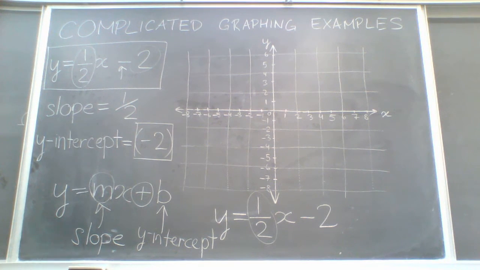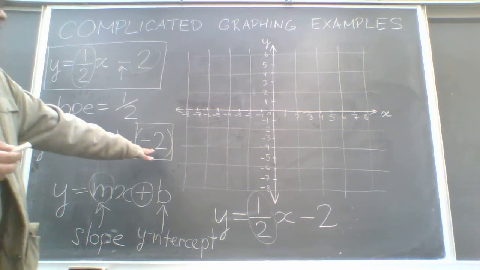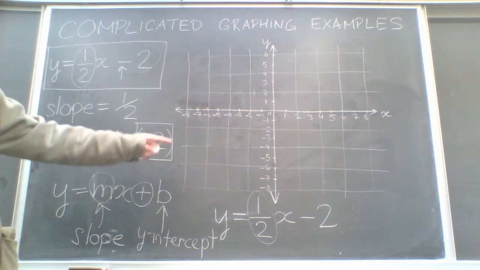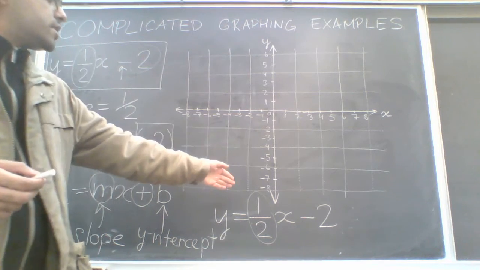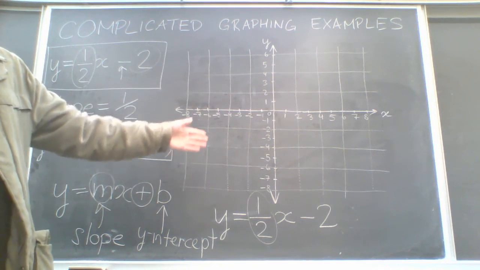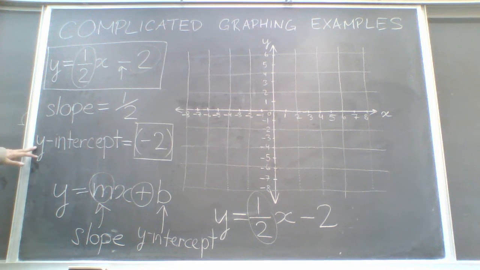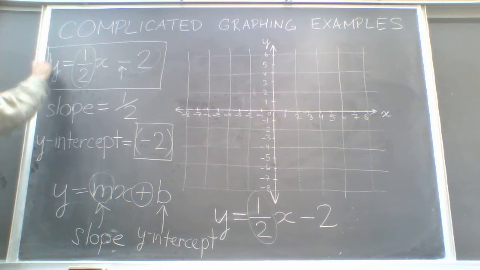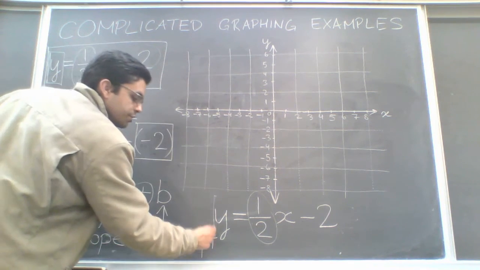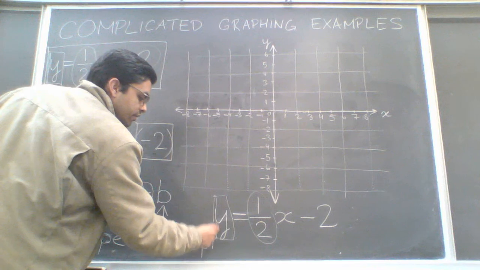What does that mean? So think back to the last time that we did this. This number here for your y-intercept is telling you where on the y-axis to plot your first point. Why is it on the y-axis? Because we're dealing with the y-intercept. And we're dealing with the y-intercept here because we've got a y sitting over there by itself in our equation.